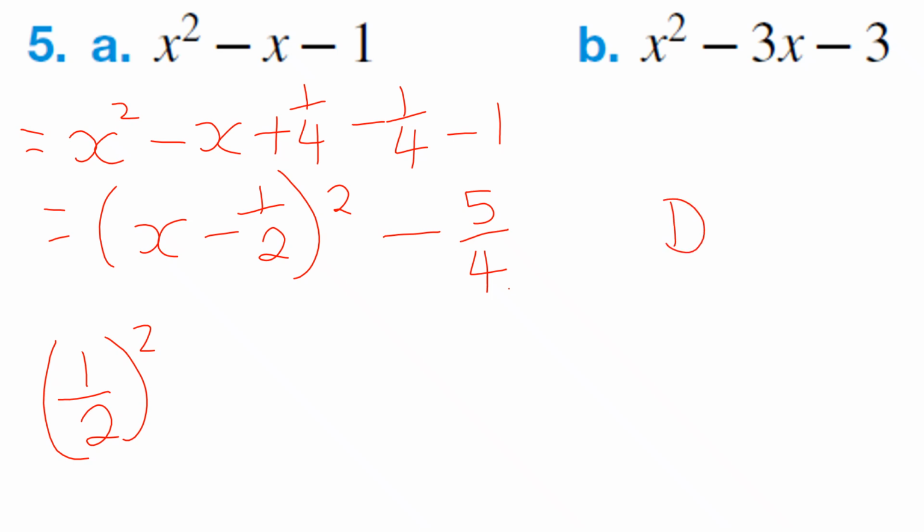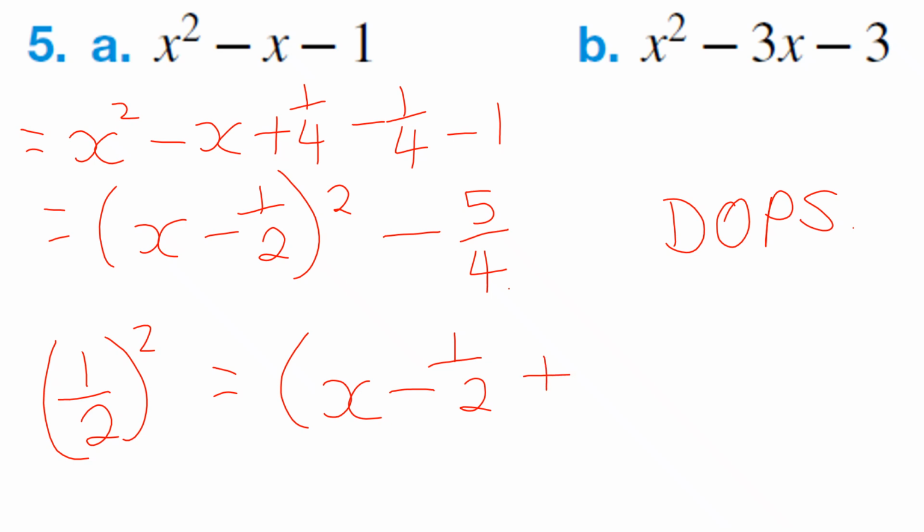use our difference of squares to factorise it. So if we did that, we would have x minus a half plus the square root of 5 on 4.